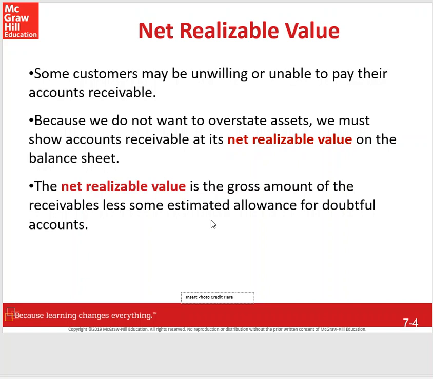We find ourselves in positions where we have to be conservative, we have to do our best to match, and we don't have precise numbers before us, so we somehow have to come up with an estimate. And you'll see that both in this chapter and again in chapter 8 as well. So here we have to estimate our allowance for doubtful accounts.